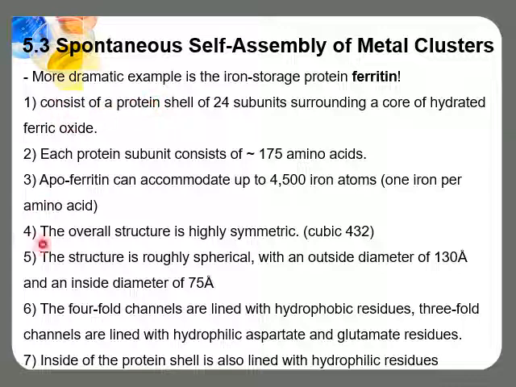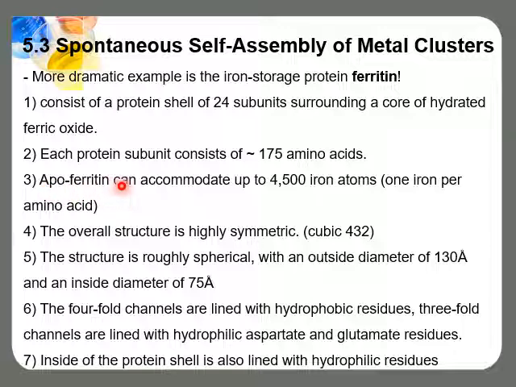There are some features of ferritin proteins. Here, it consists of a protein shell of 24 subunits surrounding a core of hydrated ferric oxide. Fe2O3 is ferric oxide, and the hydrated iron oxide is surrounded by the ferritin. Each protein subunit consists of 175 amino acids, so it is not a very big protein.